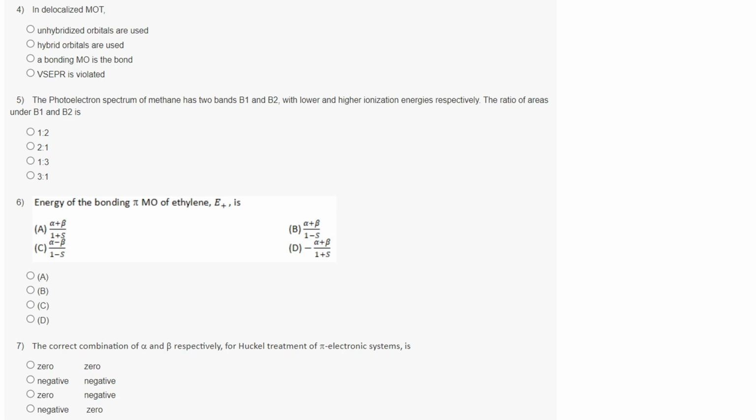I think the example of methane was there. The delocalized theory was also taught using MOT, and from there we have understood that MOT is far more superior to the VBT, as the delocalization concept is coming.